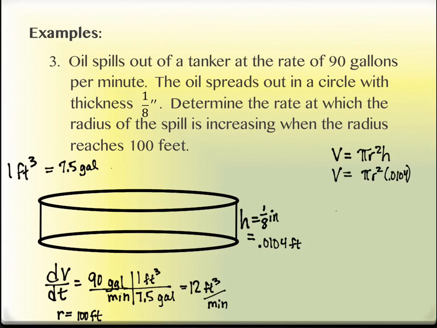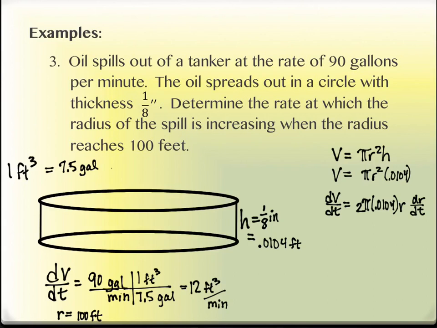Okay? So it's a constant. It can go up at the front with the pi if you wish. The V is dV/dt. The pi and the 0.0104, that piece right there would just stay. So pi and 0.0104. And then r would become 2r, so I'll put the 2 in the front. And then I have dr/dt.